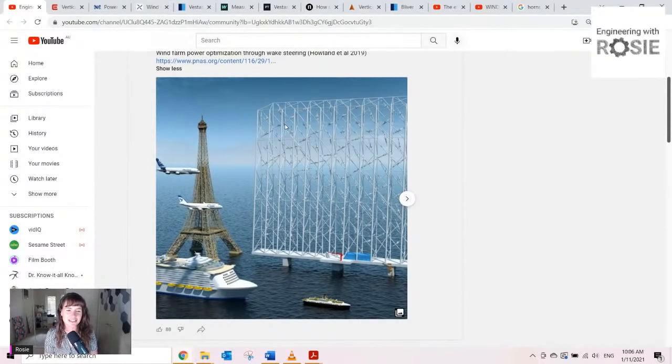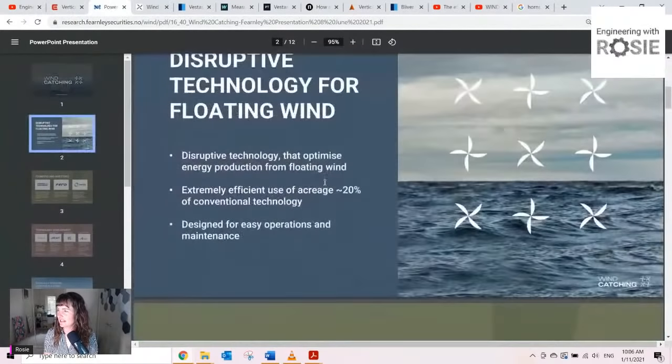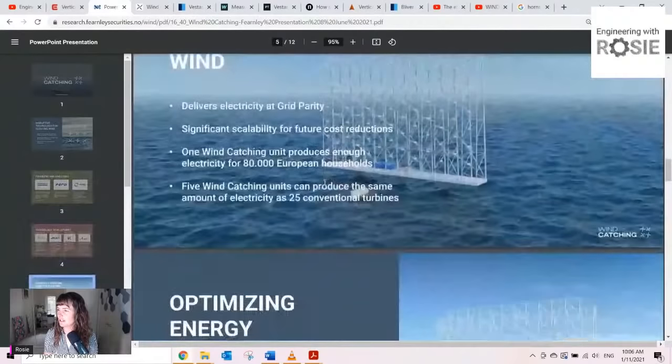That's cool. I'm a big fan of not needing to have 3 blades on every wind turbine. It's in this giant structure, and you can see it here next to the Eiffel Tower for scale. So it's gigantic. As far as I can tell, it only exists in the form of computer simulations for now.